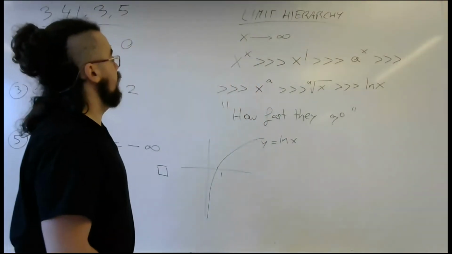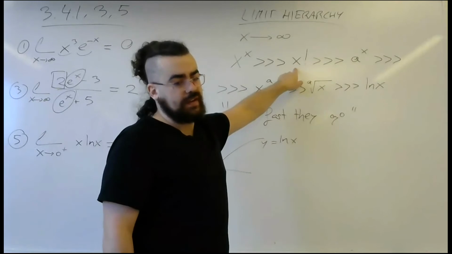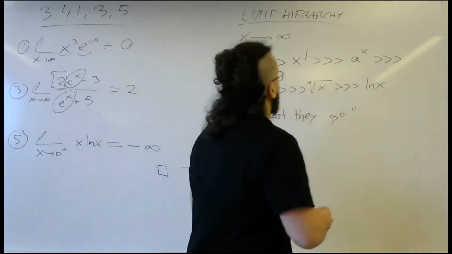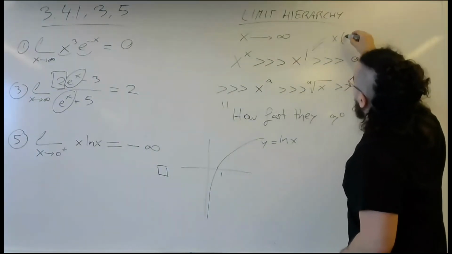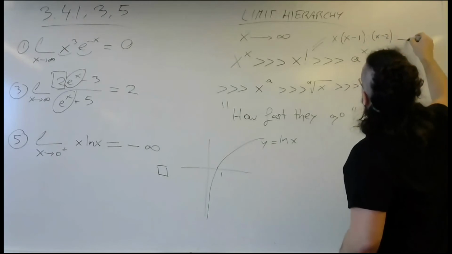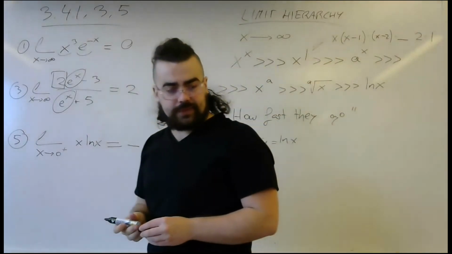What is after x to the power x? The next function that grows the fastest is the factorial. And this is x times x minus 1 times x minus 2. This beautiful thing over here is the factorial.